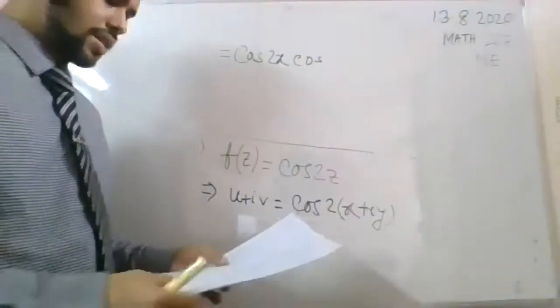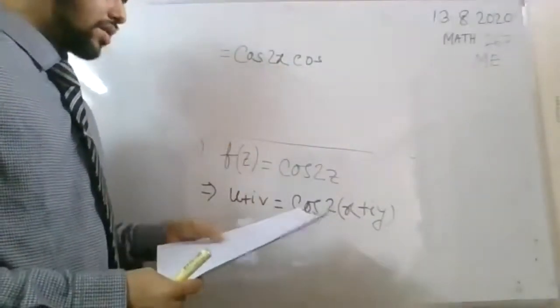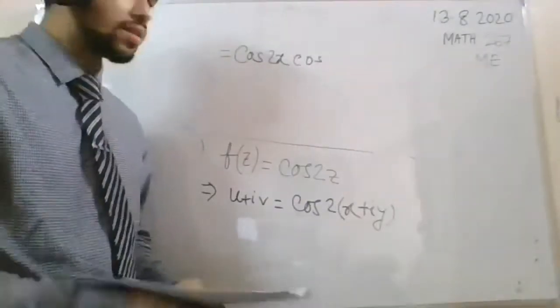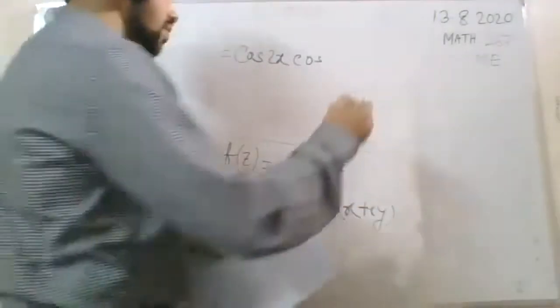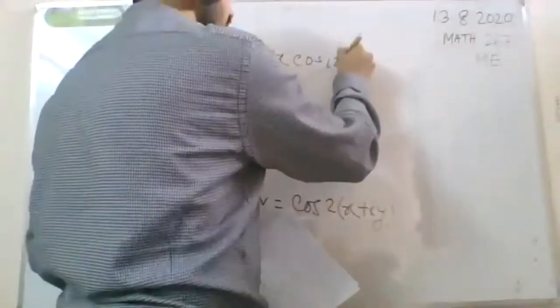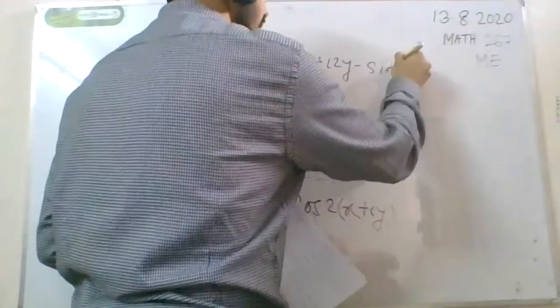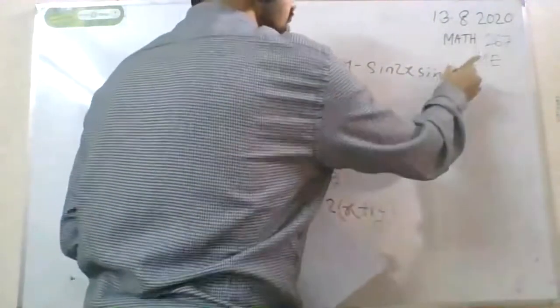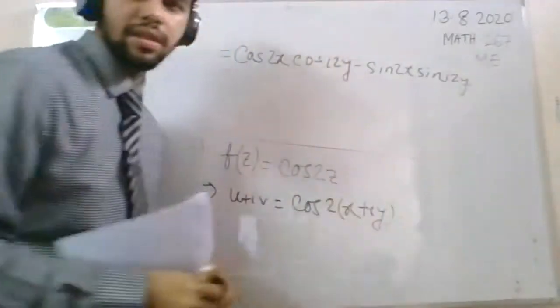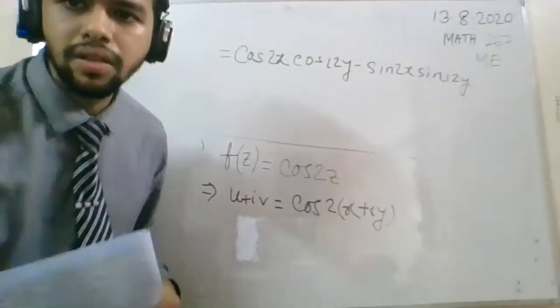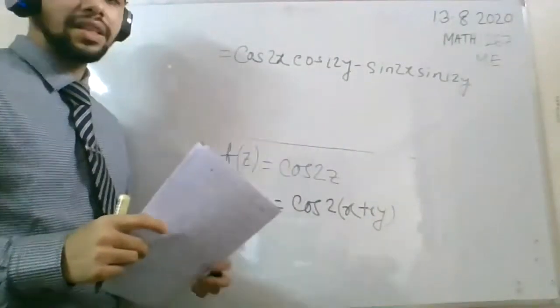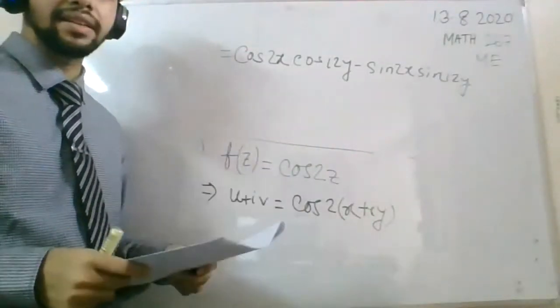Okay, so here you can write cos(a plus b) formula, which is cos a cos b minus sin a sin b. Okay. So one of them is cos a cos b, and another one minus sin a sin b.